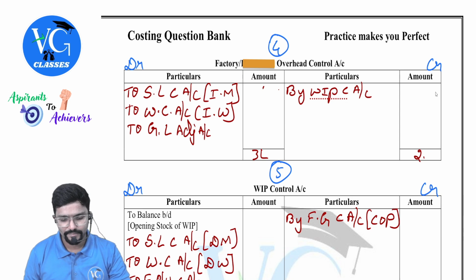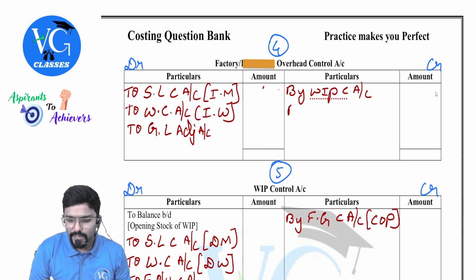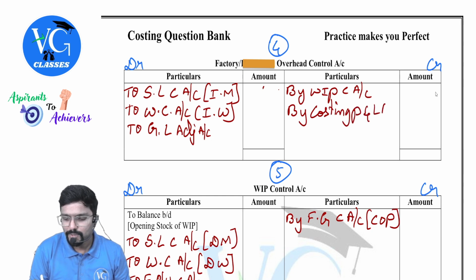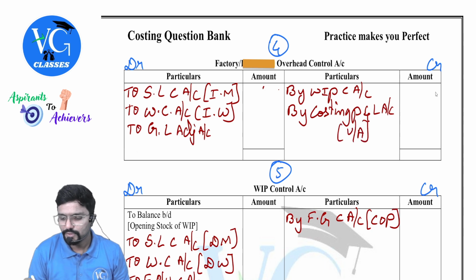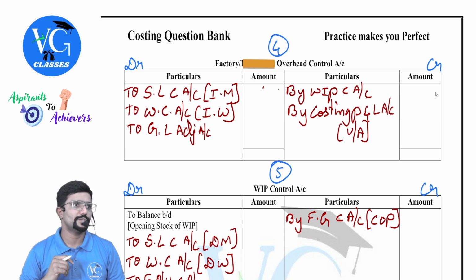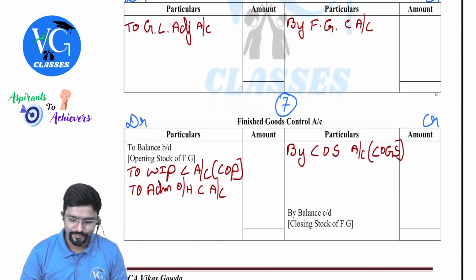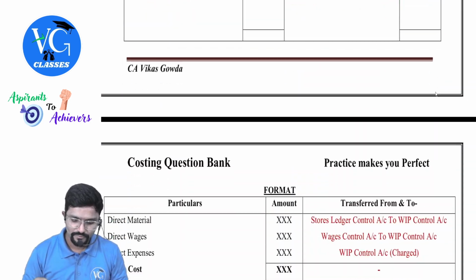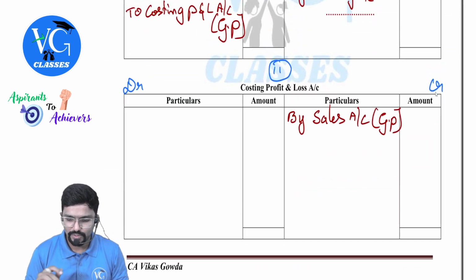What is the entry? By costing P&L account, you can write under absorption, 2 lakh... Factory overhead control account.